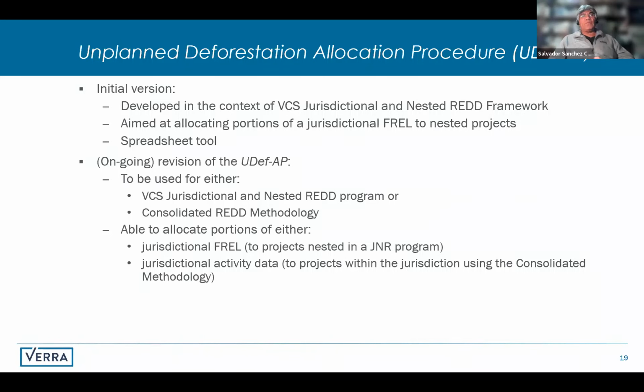Those are the two procedures that will be used to allocate activity data to project areas within the jurisdiction, and then this information will be used by project proponents together with the local estimates of emission factors to construct the project baseline. Thank you.